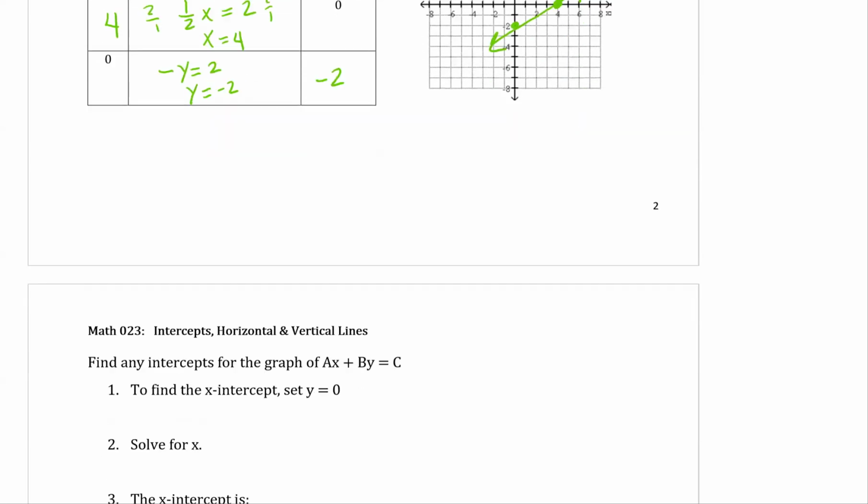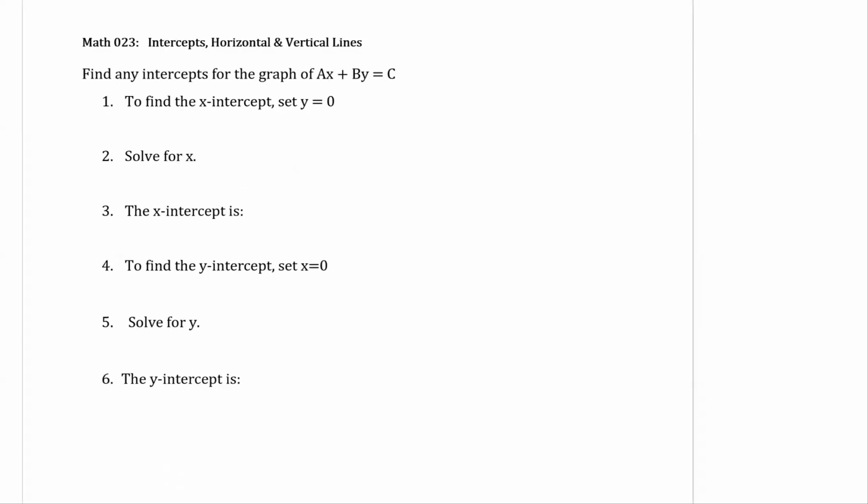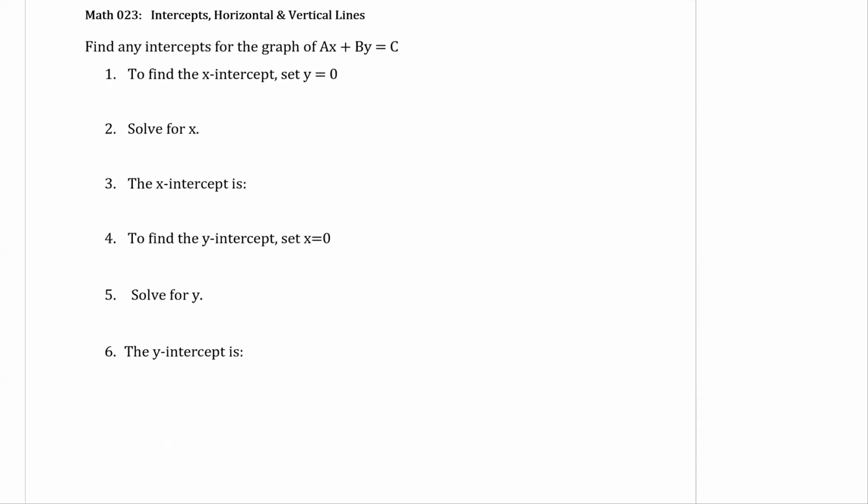All right, here are some steps to find any intercepts for a graph of ax plus by is equal to c. Number 3, to find the x-intercept, set y equal to 0 and solve for x. The x-intercept would be (c over a, 0). Let me show you how I get this.